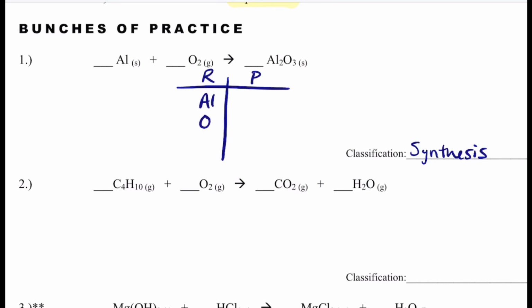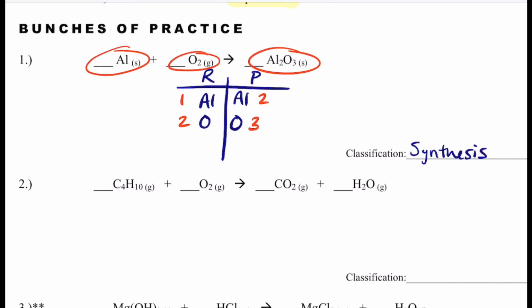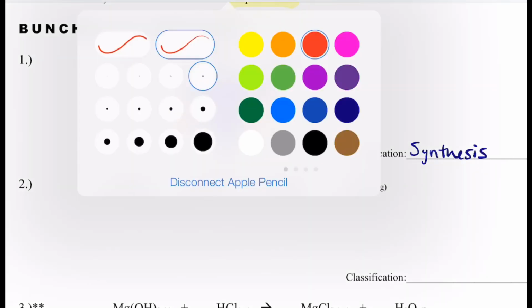I have aluminum and I have oxygen. Looking at this, I've got 1 aluminum, 2 oxygens on the left, and 2 aluminums and 3 oxygens on the right-hand side. And again, these formulas never ever change.